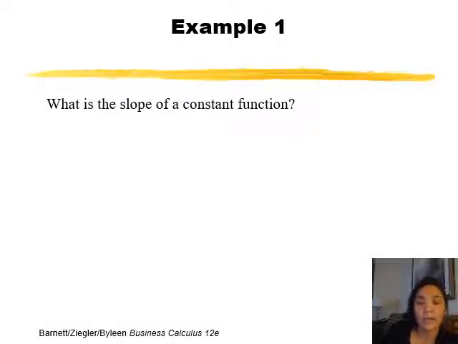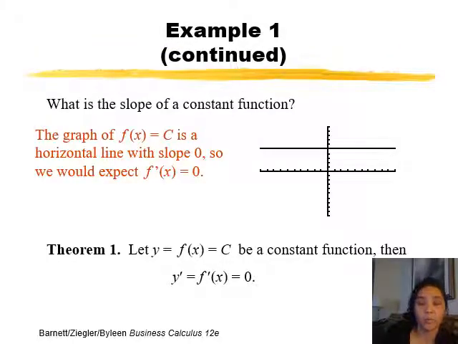So let's take a look at the slope of a constant function. What is the slope of a constant function? It's just a horizontal line with a slope of 0, so you would expect that f prime of x is equal to 0. So this example leads us to theorem number 1.